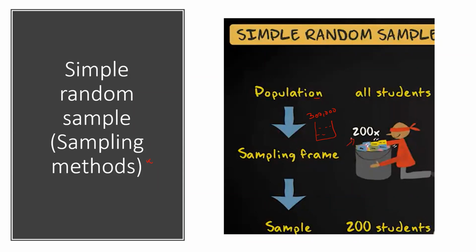This is not biased data. It randomly looks for 200 samples and gives us a sample of 200 students. Every time this process is random, right?